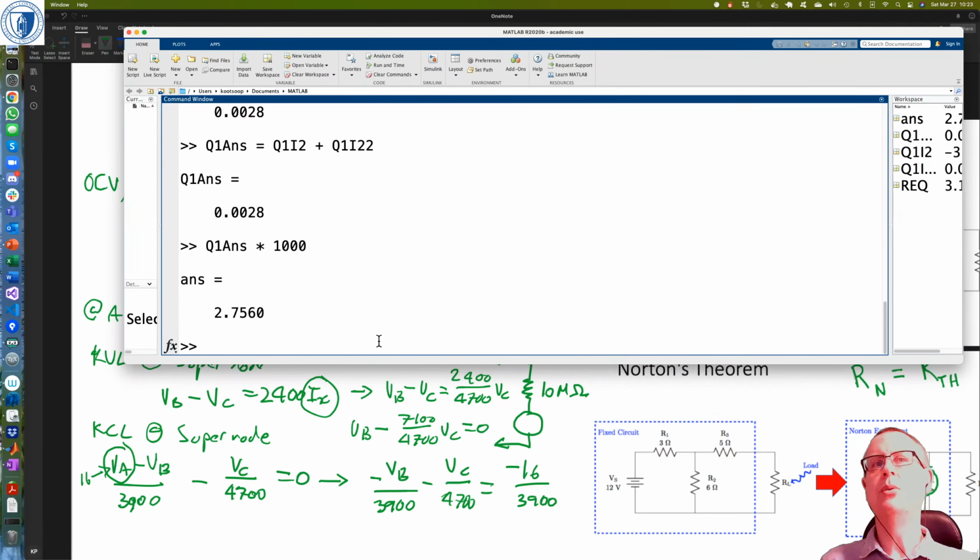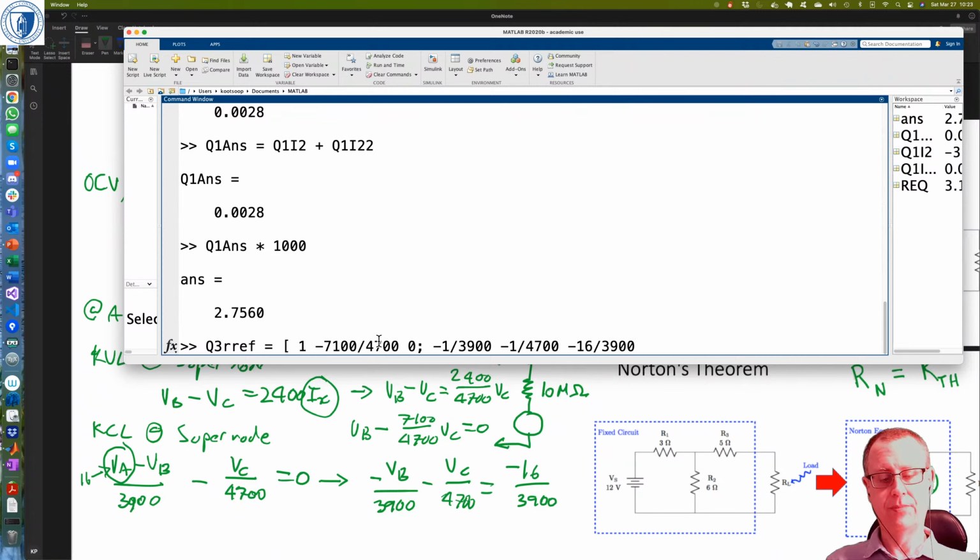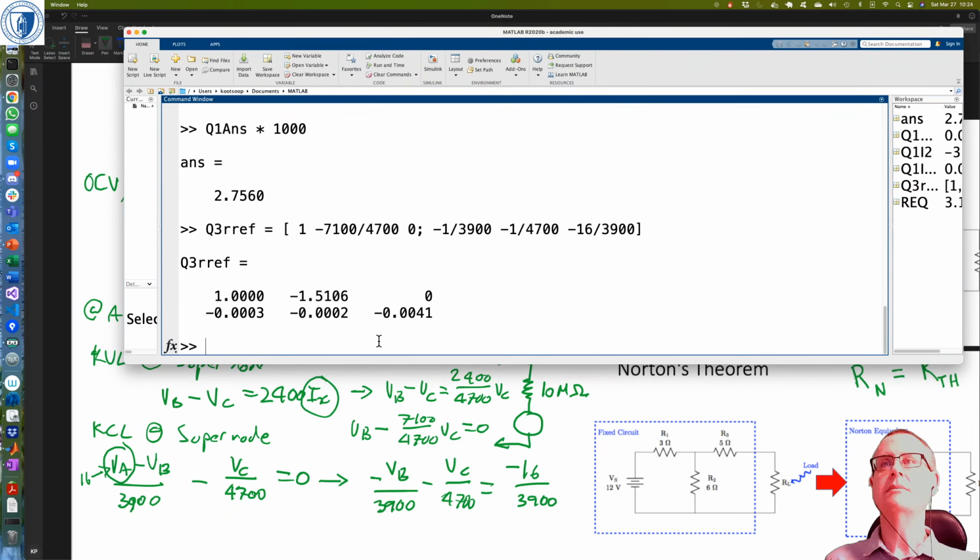So this is Q3. And our matrix is 1, minus 7100 on 4700, 0, and then minus 1 on 3900, minus 1 on 4700, minus 16 on 3900.